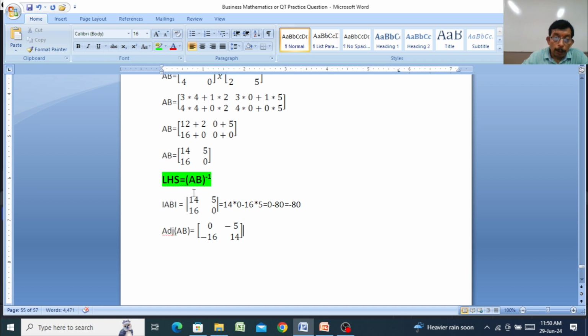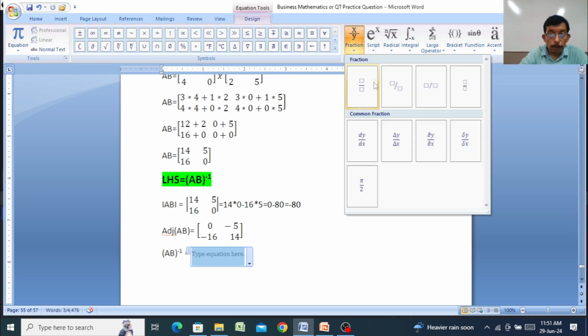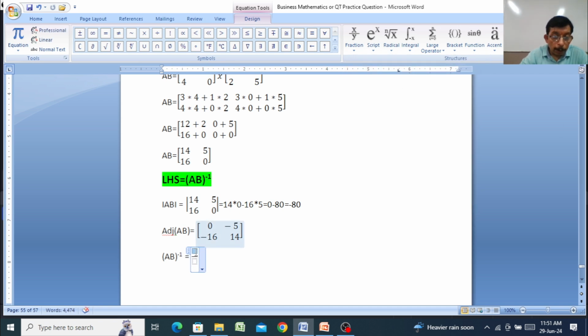Now AB inverse is equal to the adjoint of AB upon the determinant of AB.